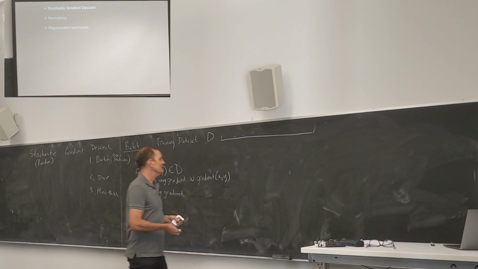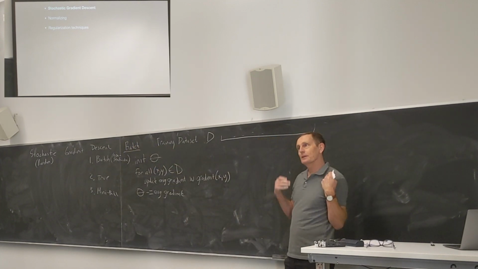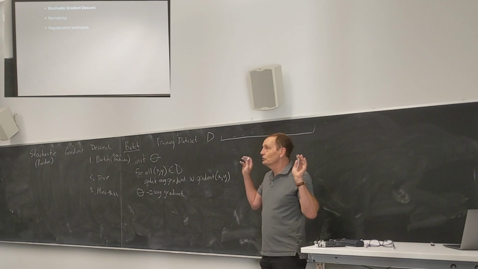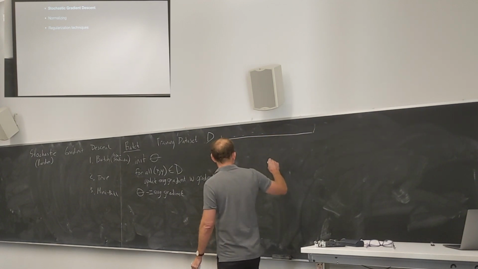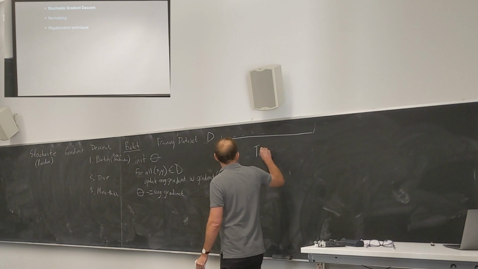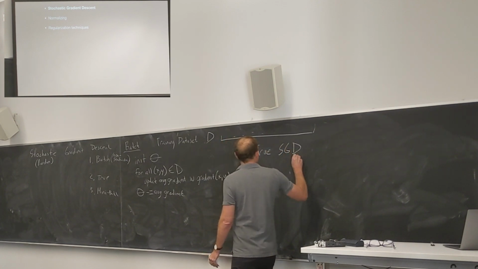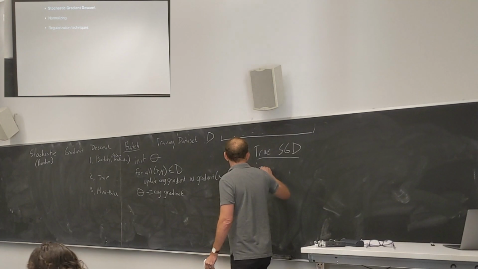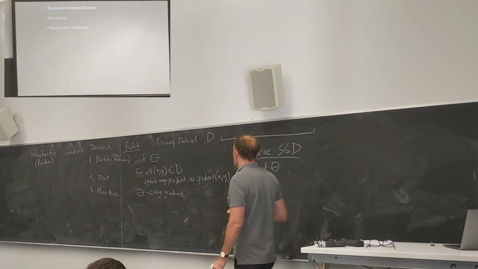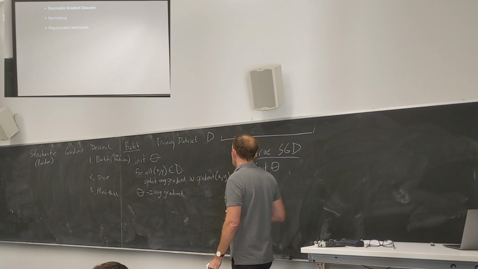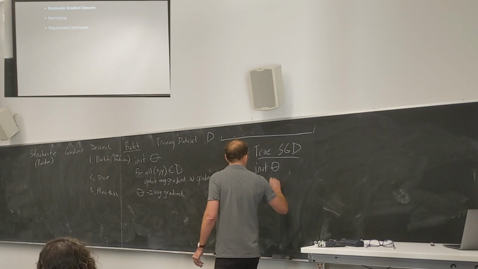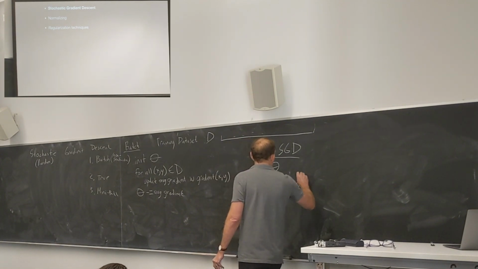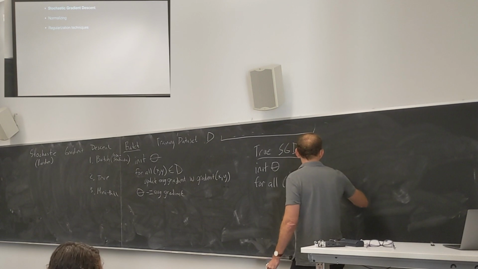So now let's contrast this. Let's look at the other end of the spectrum, which is what we'll call true gradient descent. Okay, so let's look at true SGD. And when we say true SGD, we mean stochastic, okay? So we're going to initialize theta. We are going to, for all x, y in D, in a random order.